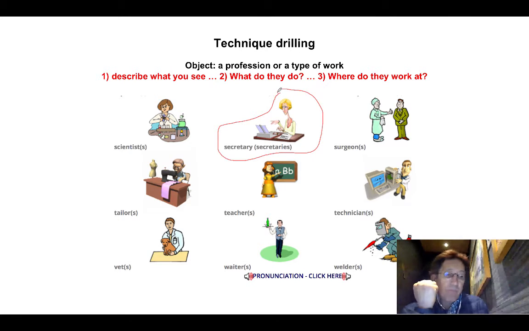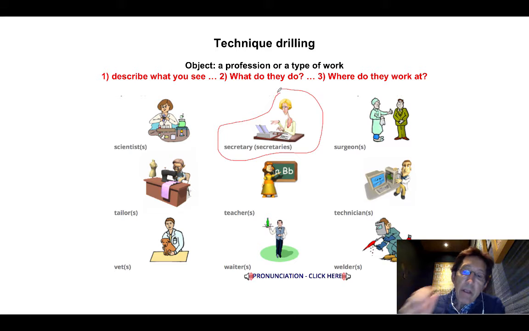So, should I say where I can find her? No. What does she actually do? What's her main function? I think her main function is to organize documents and information for her manager, for her boss.